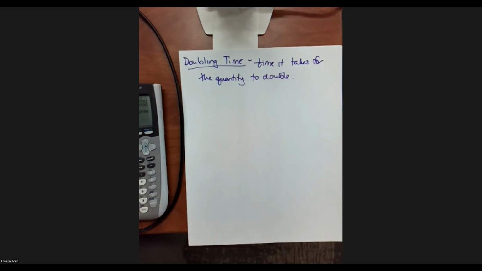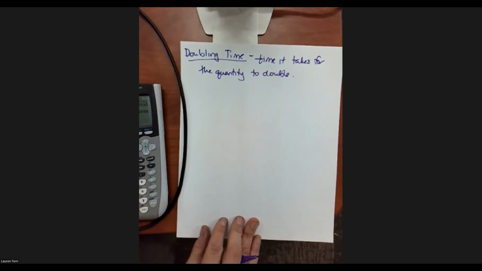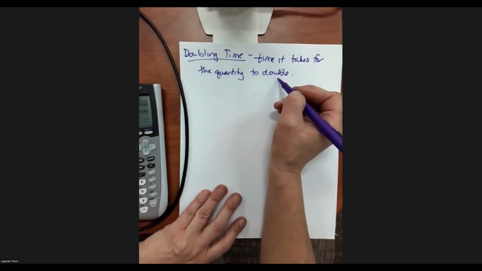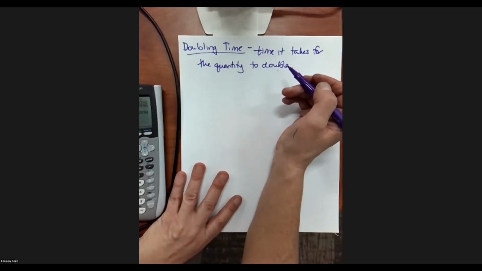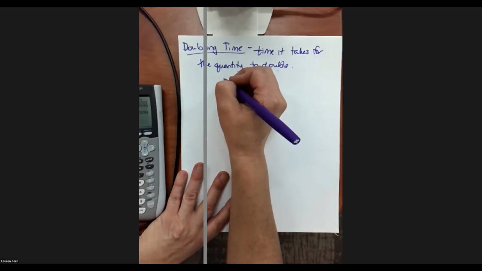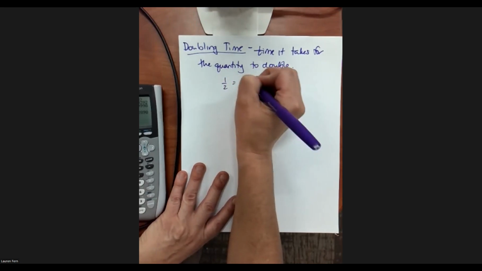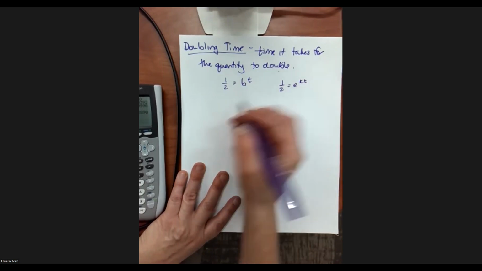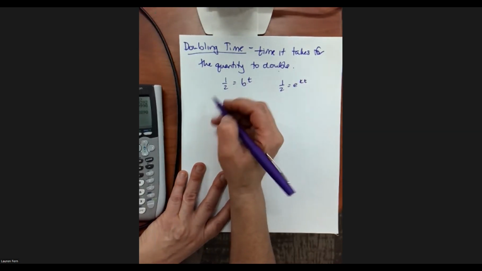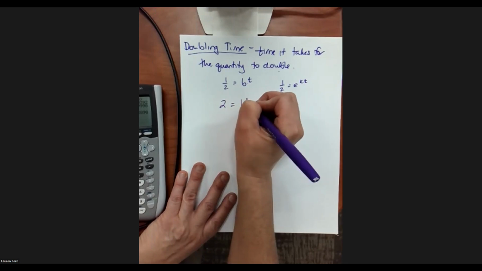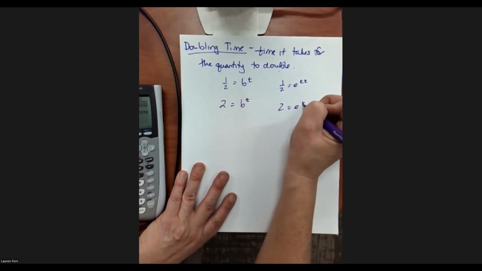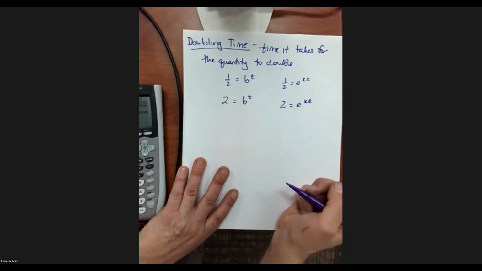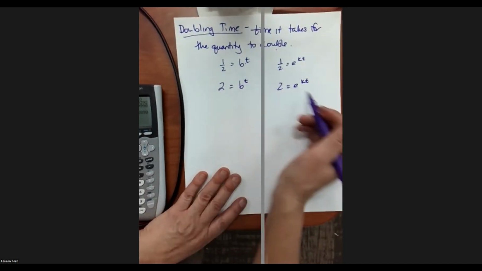That's an intuitive definition anyhow. Notice when we're talking about doubling time, it's obviously growing. Now remember with the half-life, we were solving 1/2 is b to the t, or 1/2 is e to the kt. As you might guess, with doubling time, you're essentially solving 2 is equal to that. But you'll see that loud and clear in a second. Do you see how that makes sense?